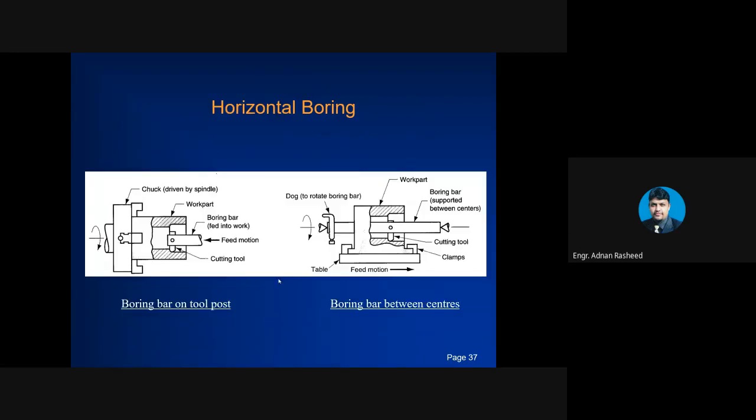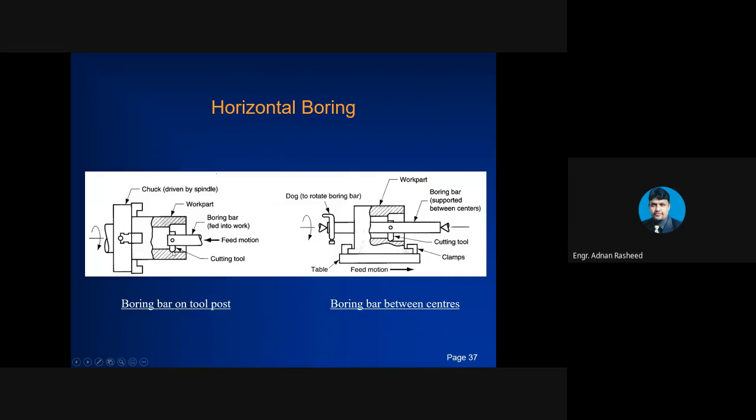So you can see that this is a picture of a horizontal boring machine. In this first picture, that is represented as a boring bar on a tool post. This boring bar is attached on a tool post, and we just give the feed motion to this boring bar. Clear?